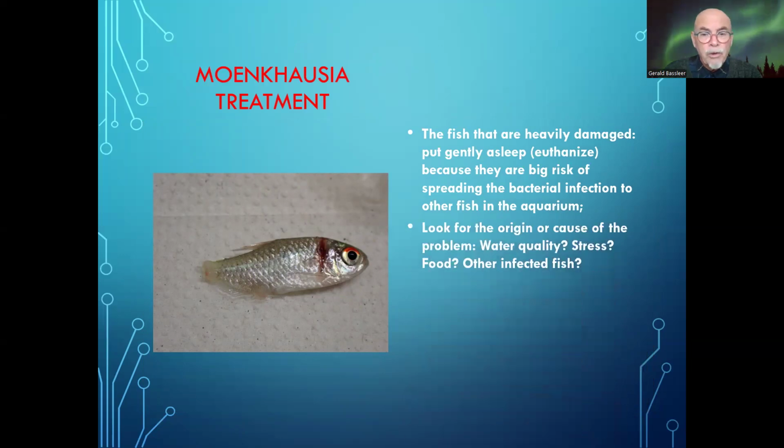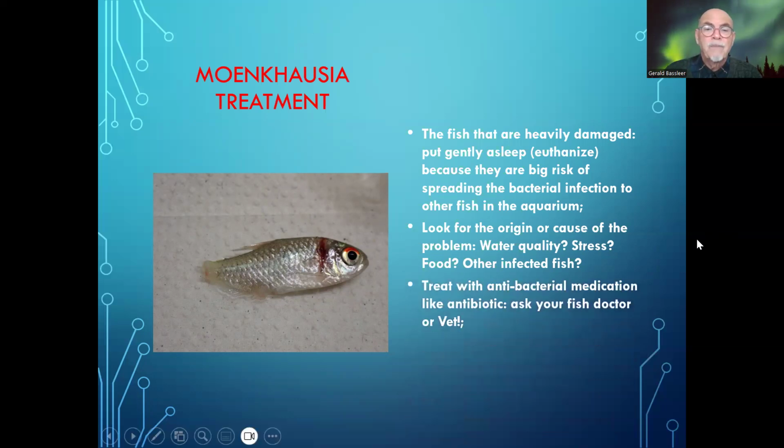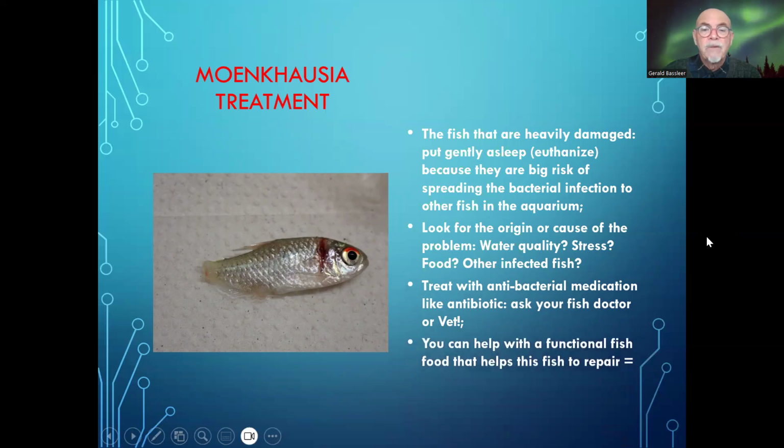Try to look for the origin or cause of this problem. Was it maybe poor water quality, a lot of stress of the fish, bad food, maybe other infected fish in the tank? I recommend to treat with an antibacterial medication, like an antibiotic. Ask your pet shop or ask your fish doctor or veterinarian.